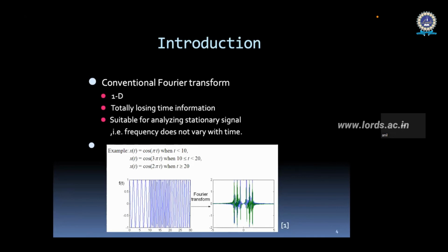It's a kind of quasi-stationary. If you take a small window of around 20 milliseconds, I can assume my signal is stationary, and I get a better spectrogram. That's why short-term Fourier transform got very popular in speech. My problem of time frequency analysis is solved in the speech case by using short-term Fourier transform.